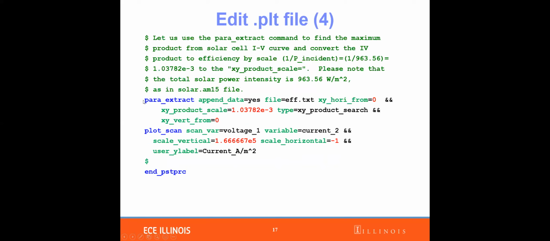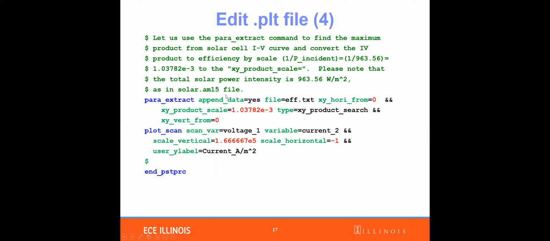Okay, and then we want to find the maximum efficiency of the solar cell. So we use parameter extract command to find the maximum product from the solar cell IV curve and convert the IV curve product to efficiency by dividing this optical power with this solar optical power intensity of 963 watts per meter square.